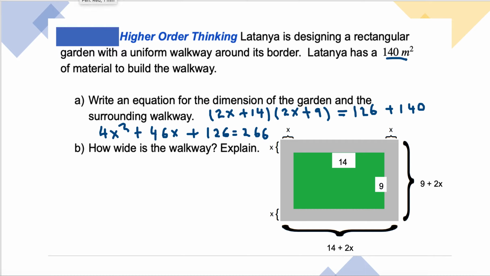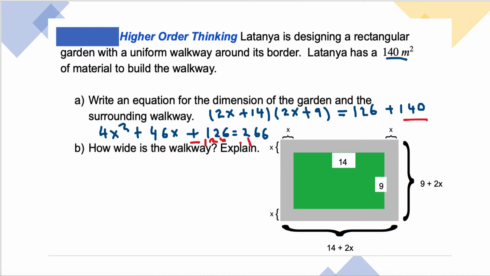So now we are going to B. How wide is the walkway? If I look at the walkway, it is 140, right? So I want this area to be just 140 here. In order for that, I'm going to subtract 126 from both sides. 126 here and 126 here.